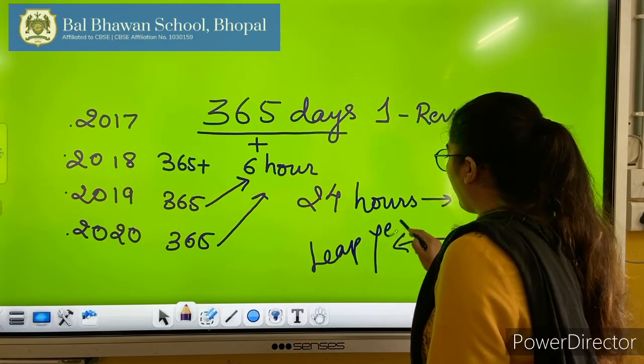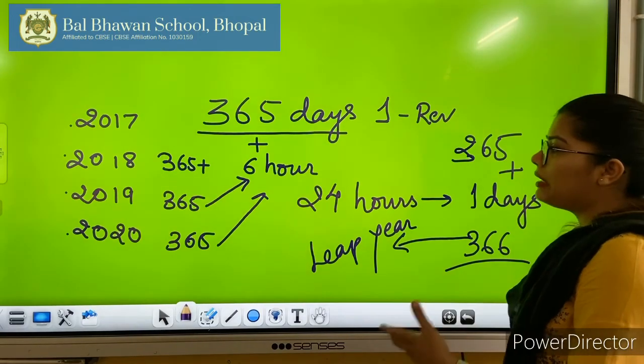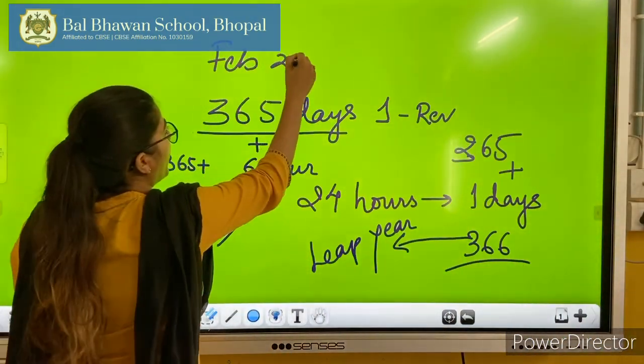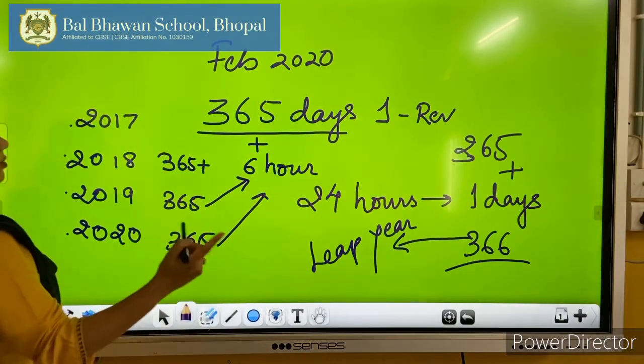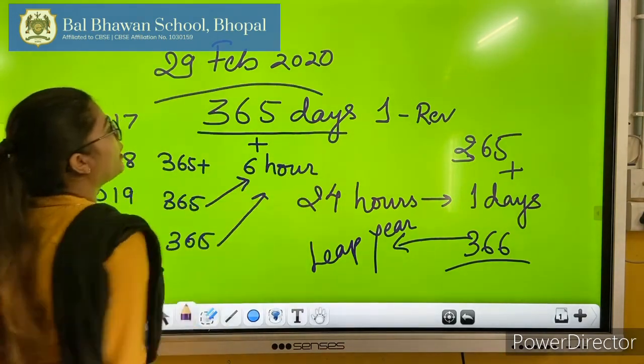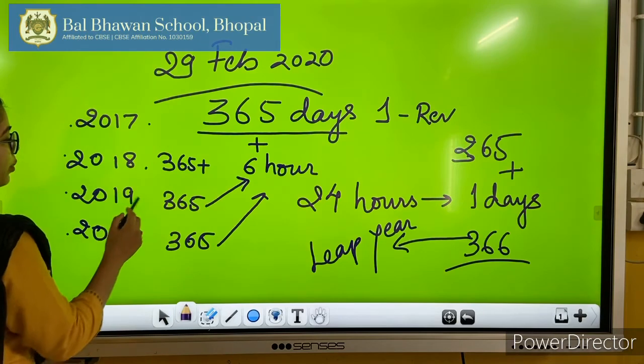So we are going to call it 366, and that is called a leap year. When we experience 366 days, that means in the month of February 2020, there will be one extra day, that is 29th February. And in the rest of these 3 years it is going to be 28 February, 28 February, 28 February.